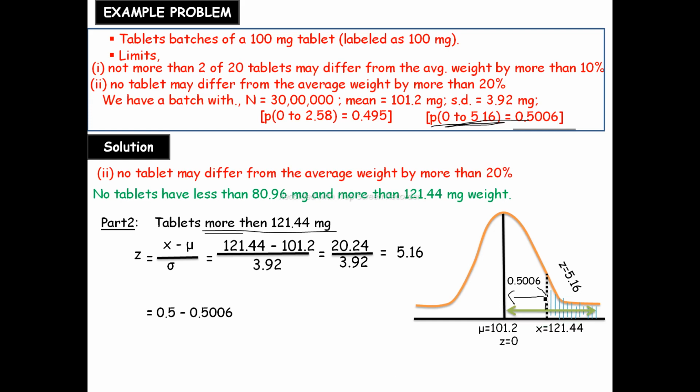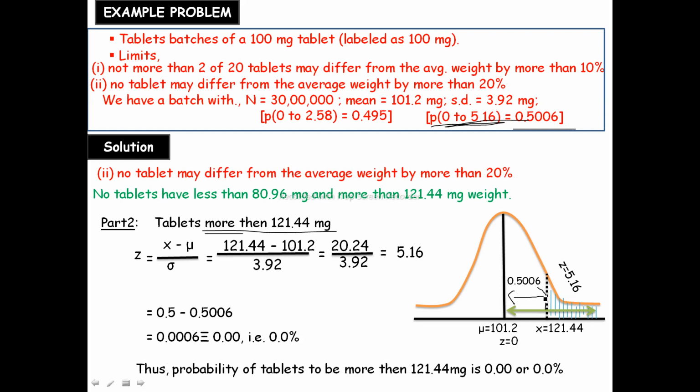So simply you need to calculate the blue shaded area, the extreme right side area. So 0.5 minus 0.5006 gives 0.0006, which is approximately 0%. So thus the probability of tablets to be more than 121.44 mg is 0%.